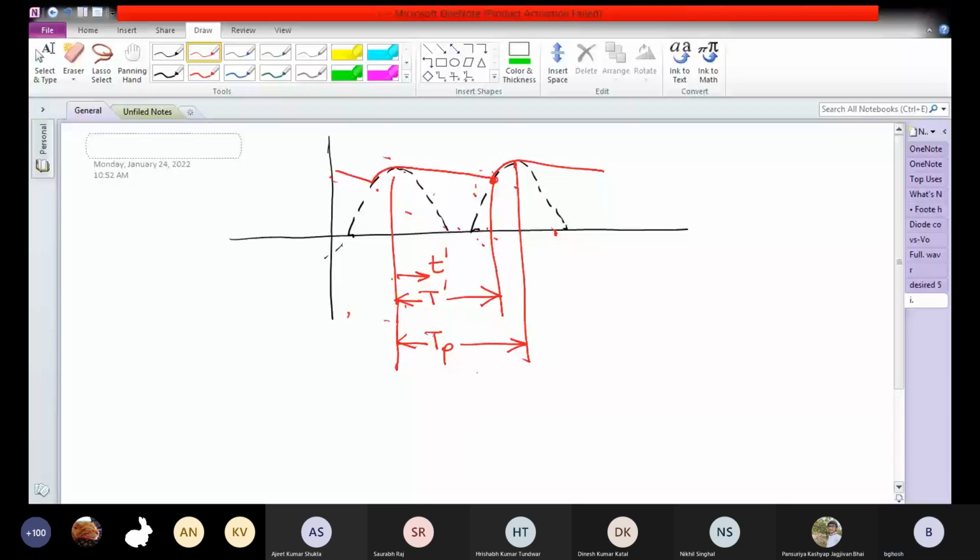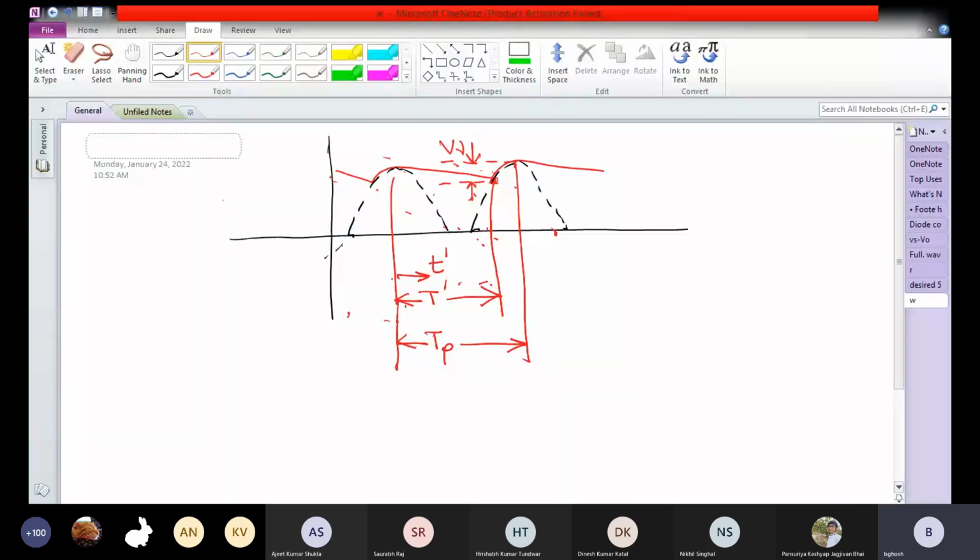And this is, as I wrote down before, V ripple.